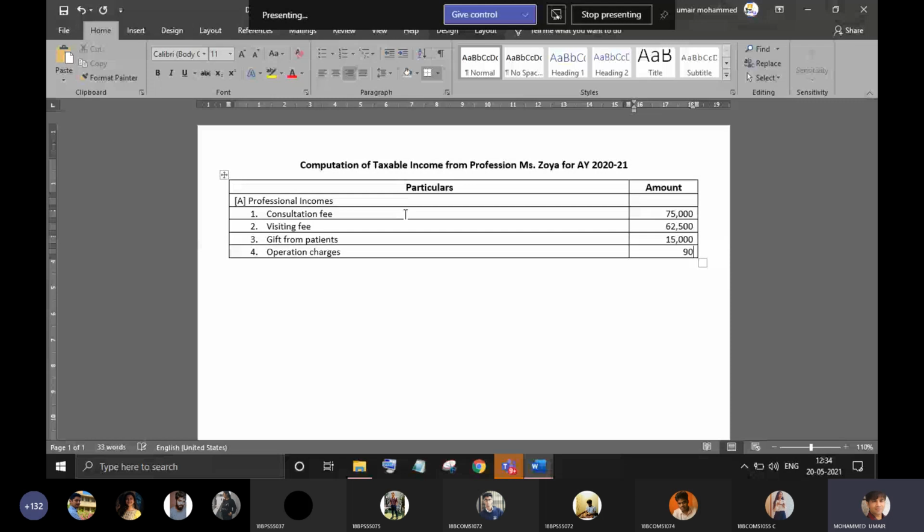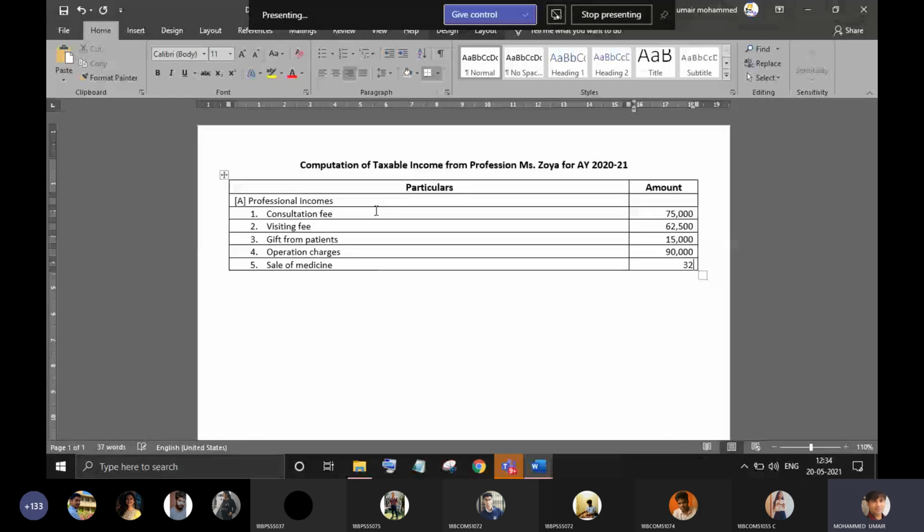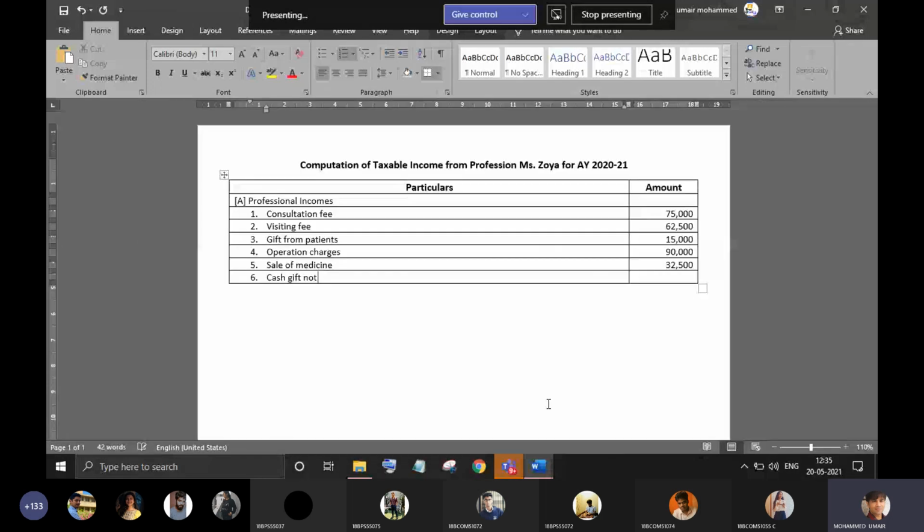Rent from subletting is under other sources. Cash gift of 1,500 received from a patient is not recorded, so let's record it now. The amount is 2,500. So all these are the incomes.